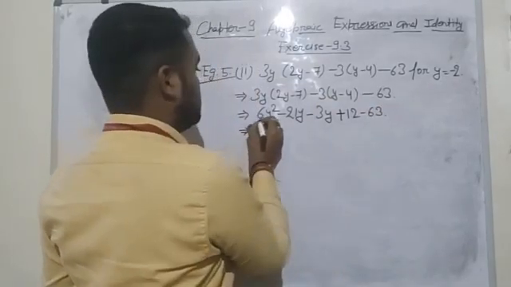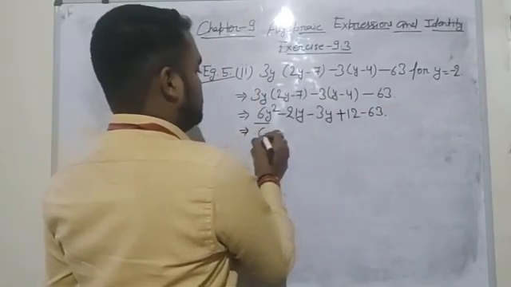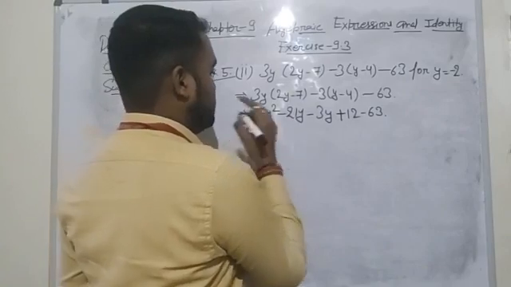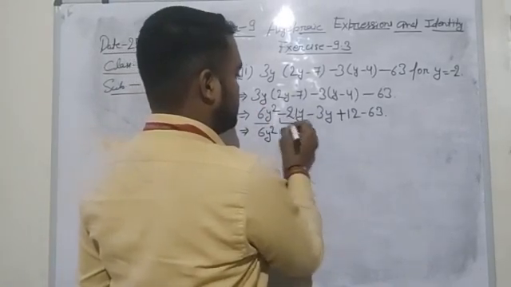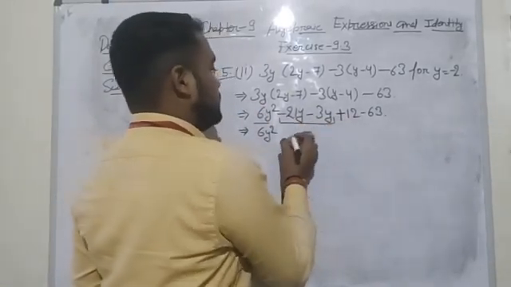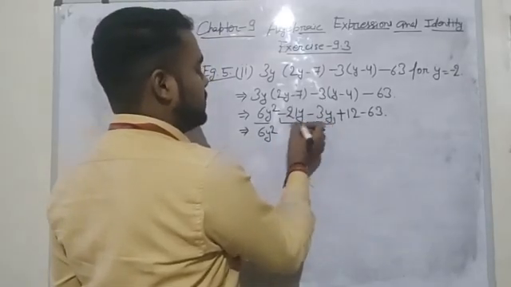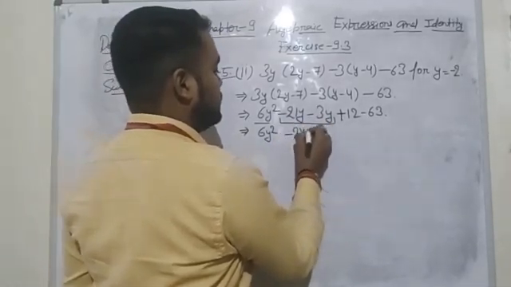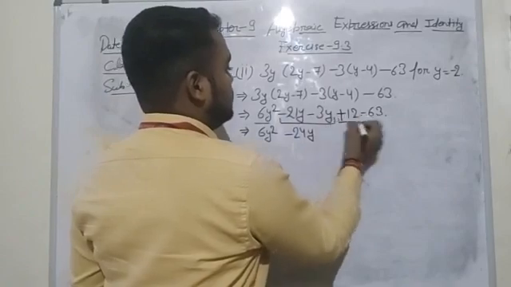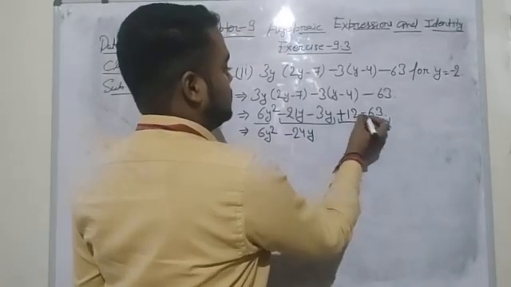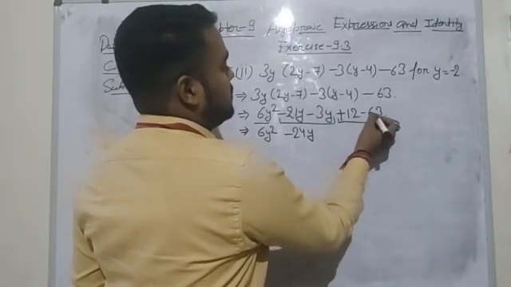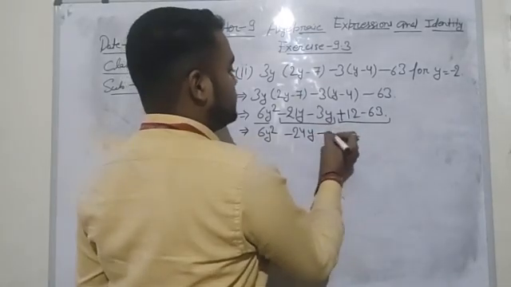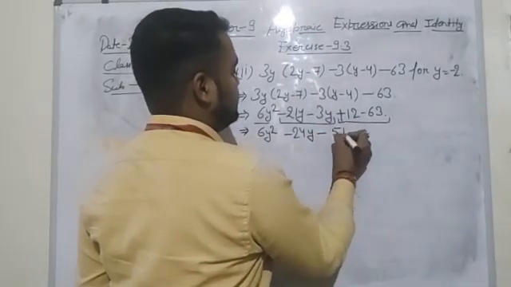So here 6y² is the only term of its kind, and here you find like terms. So minus 21 minus 3 becomes minus 24y, and here it is also a like term, 12 minus 63, so it is minus 51.